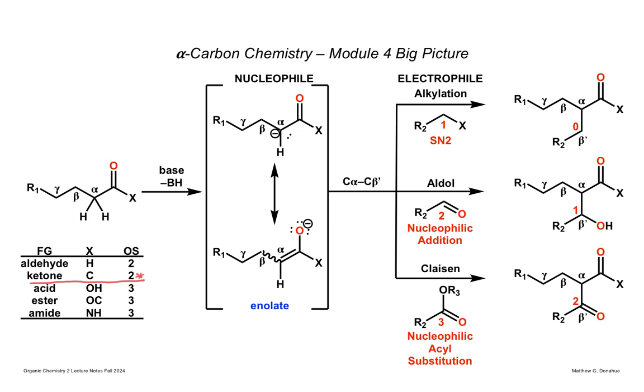So again, what's special about the alpha carbon is the pKa is significantly lower than your typical sp3 hybridized carbon-H bond. Depending on what the functional group is, it's about 20 to 25. Your normal CH bond is about 45 to 50.